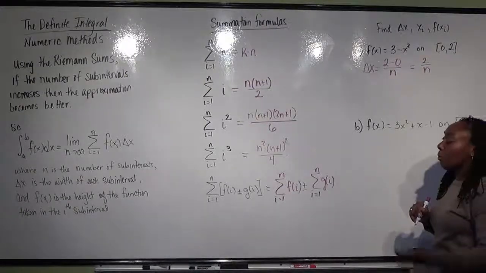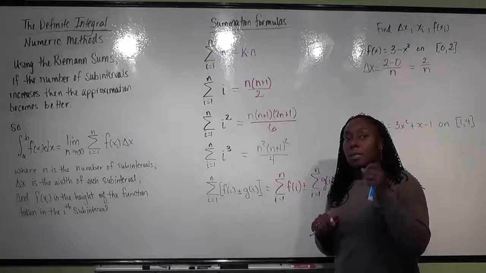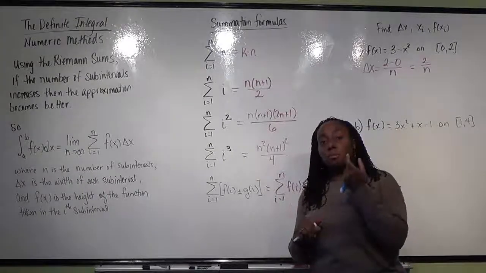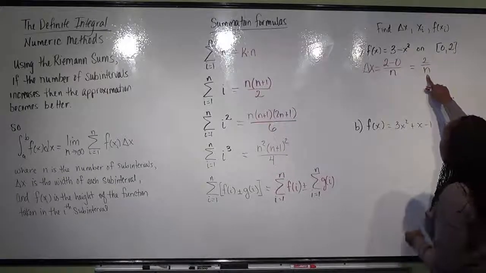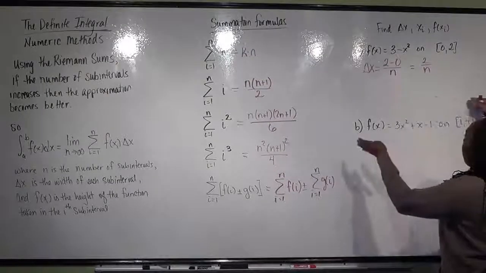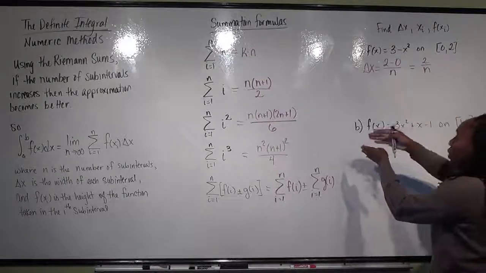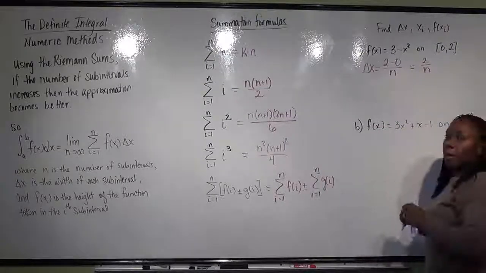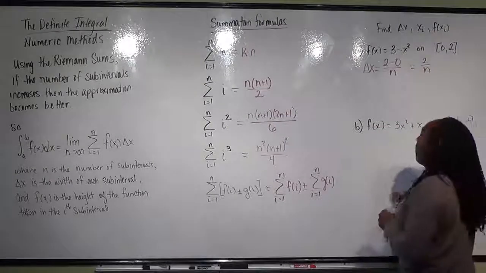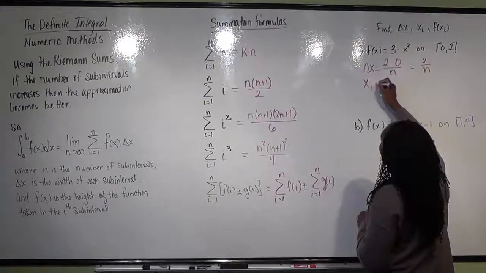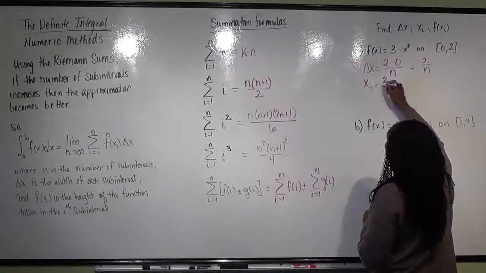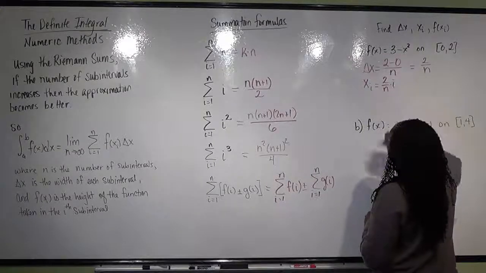Okay. For the x sub i, it means I want to take a point in each subinterval that we just found. So if my subinterval each has length 2 over n, then I can use this value to determine where the next subinterval starts. Okay? And I can just basically take and say that my x sub i is going to look like 2 over n times i.